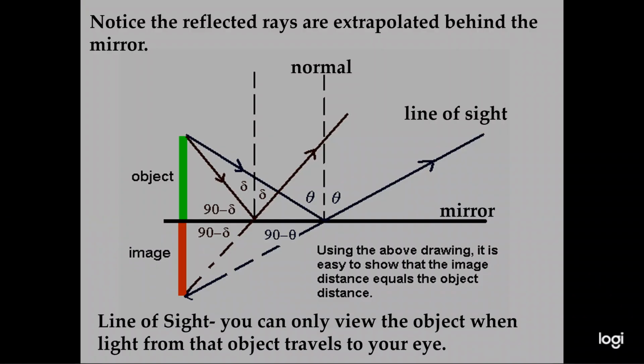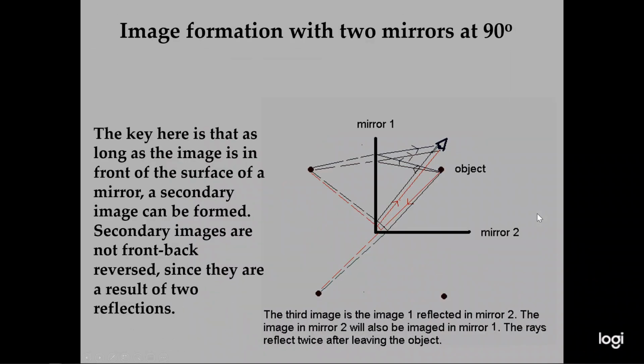Okay, let me show you another example involving image formation with mirrors. Here's an object that's in front of two mirrors that are perpendicular to each other. How many images are formed? It turns out that you'll have one object and three images.